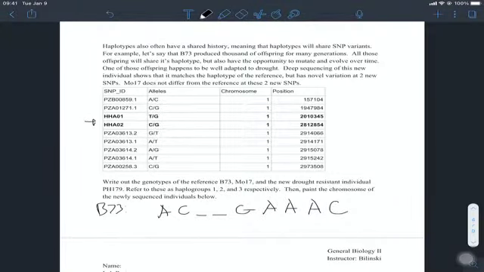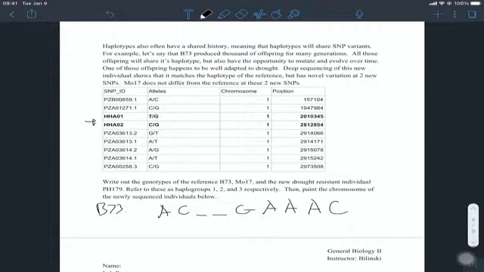Let's read our paragraph. For example, haplotypes also often have a shared history, meaning that haplotypes will share SNP variants. For example, let's say that B73 produced thousands of offsprings for many generations. All those offspring will share its haplotype, but also have the ability to mutate and evolve over time. One of those offspring happens to be well adapted to drought.